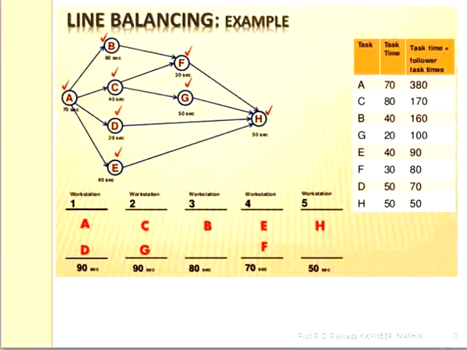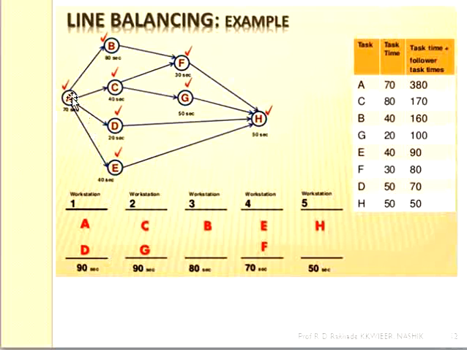After that, how to place tasks in each workstation. Mathematically we determined 5 workstations, station 1, 2, 3, 4, 5. So how will we place each task in those workstations? The capacity of each workstation is 90 seconds.